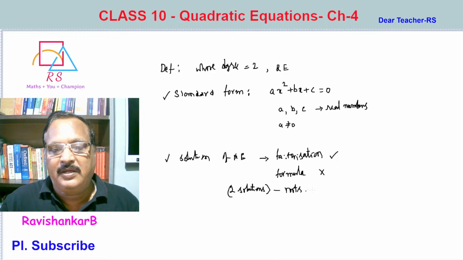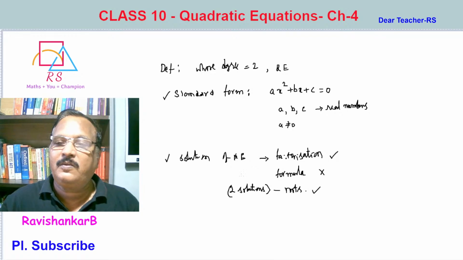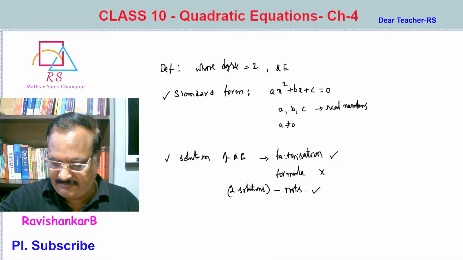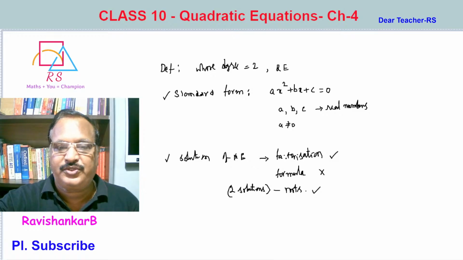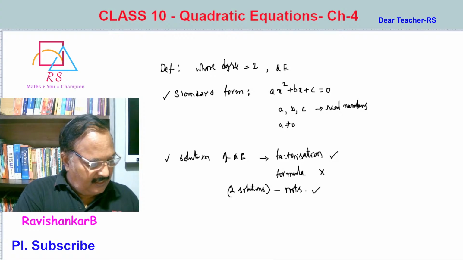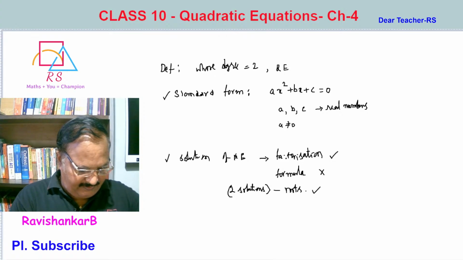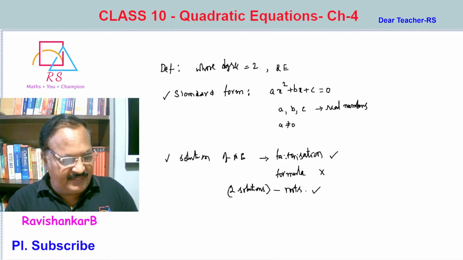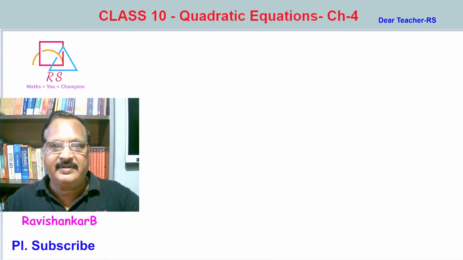So now let us go into the exercise, that means problems. First you should identify, in the first exercise he has given identify the quadratic equations. Check whether the given things are quadratic equations or not.